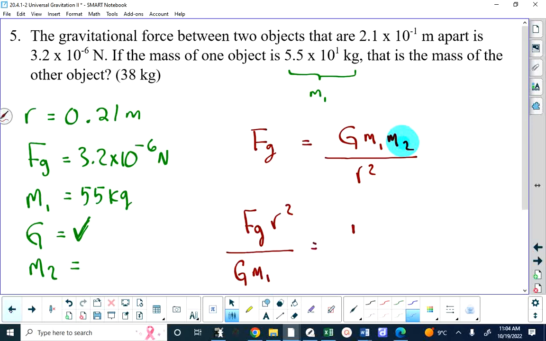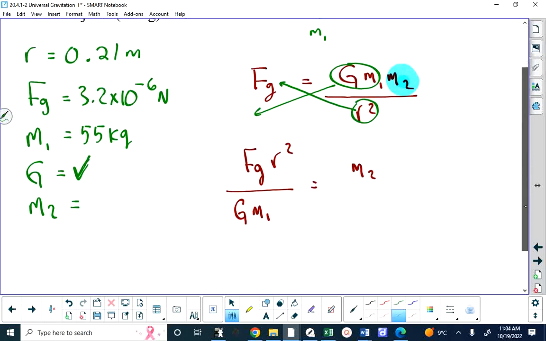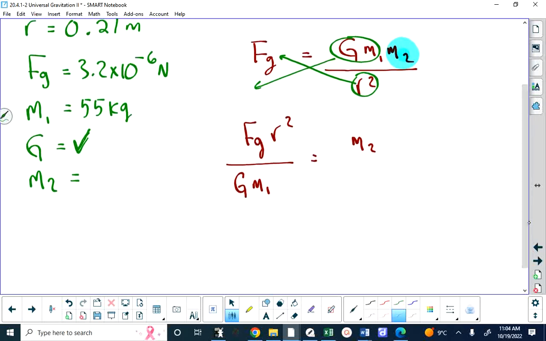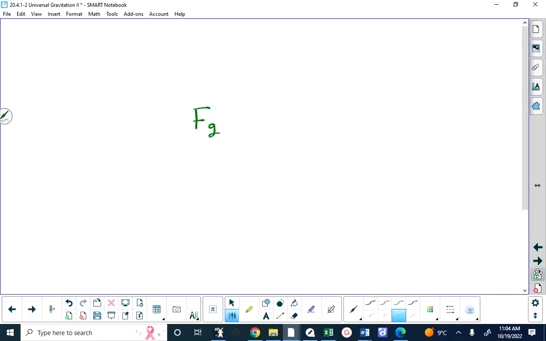Since I'm multiplying my unknown by G and M1, I have to divide them. If you stop and think about it, that's that tunneling thing, isn't it? I need to take this R squared and move it up here, and take the G M1 and move it down there. You could certainly cross-multiply: F over 1 equals G M1 M2 over R squared, the top times the bottom equals the top times the bottom.